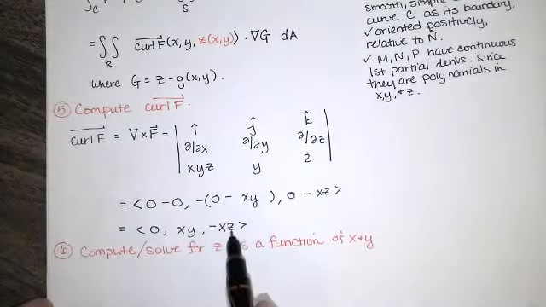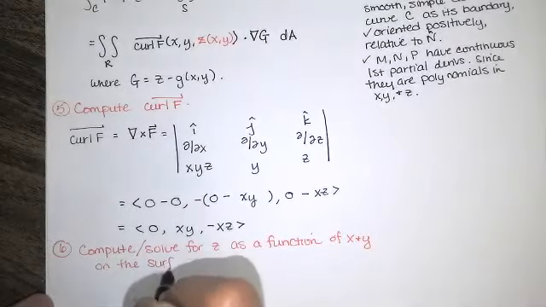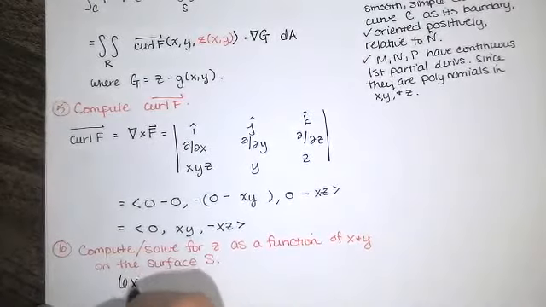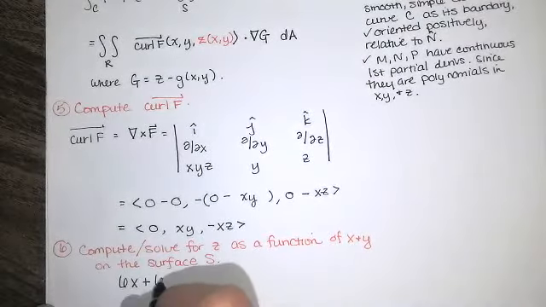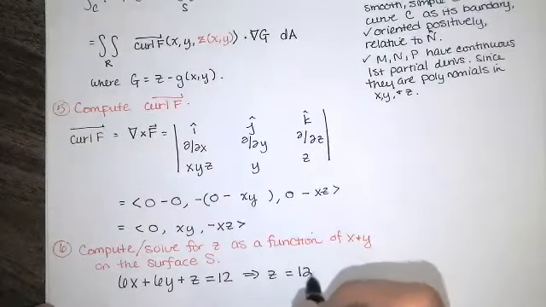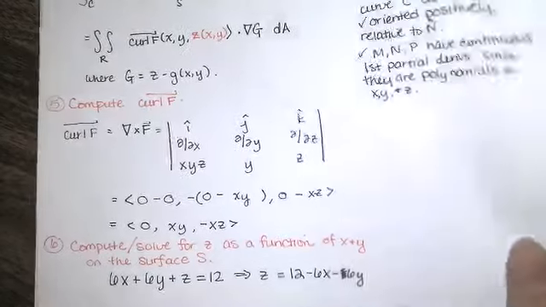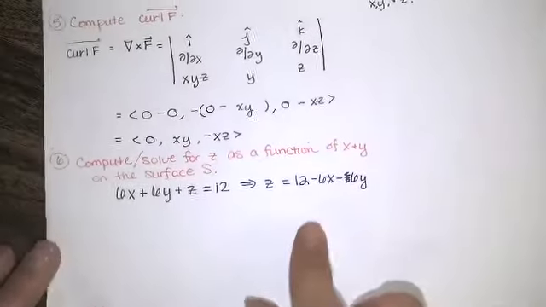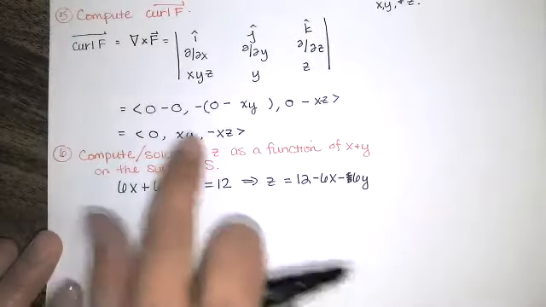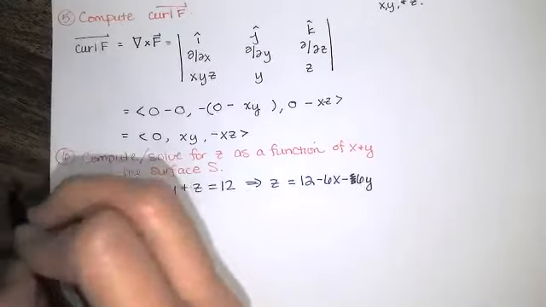Because remember, we're finding z on the surface. So on the surface, we had 6x plus 6y plus z equals 12, and we can solve that for z. z is 12 minus 6x minus 6y. Okay, so now I know what z is in terms of x and y. It's this, so I can get the curl entirely in terms of x and y now. I need to write the curl entirely in terms of x and y.